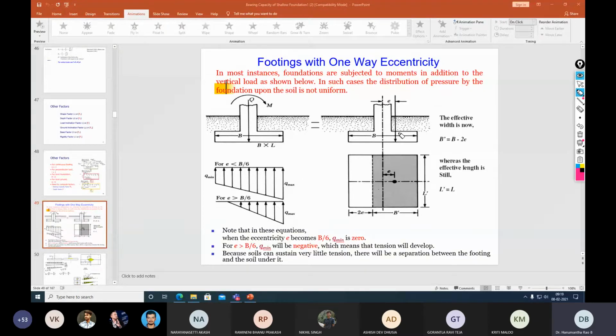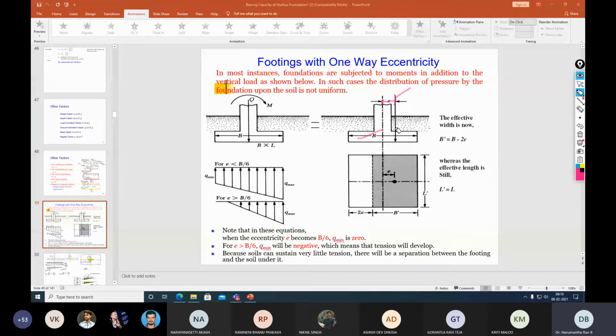There are two things in general, or in reality. You can understand from the right side picture that if B is the width of the footing, the location of the column is not at the center, rather at some other location. The distance between the center of the footing and the location of the column is generally designated as eccentricity.